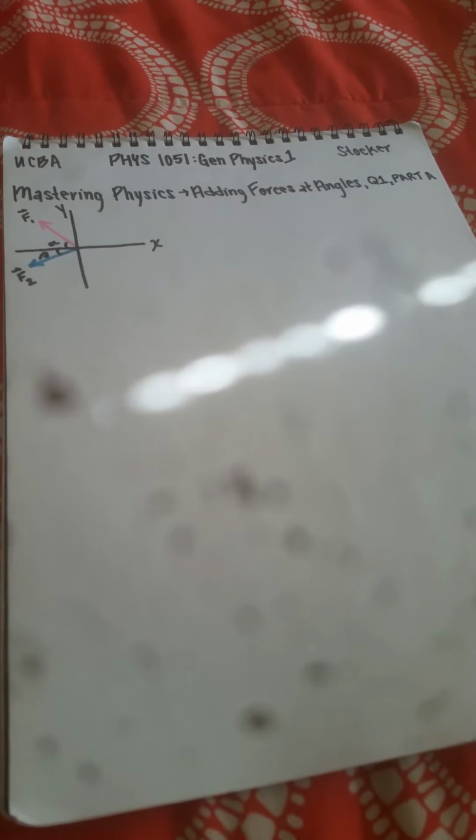F1 is 8 newtons at an angle alpha equals 57 degrees above the negative x-axis. F2 is 7 newtons at an angle beta equal to 53.8 degrees below the negative x-axis. For part A, the question asks, what is the x component, Fx, of the resultant force?